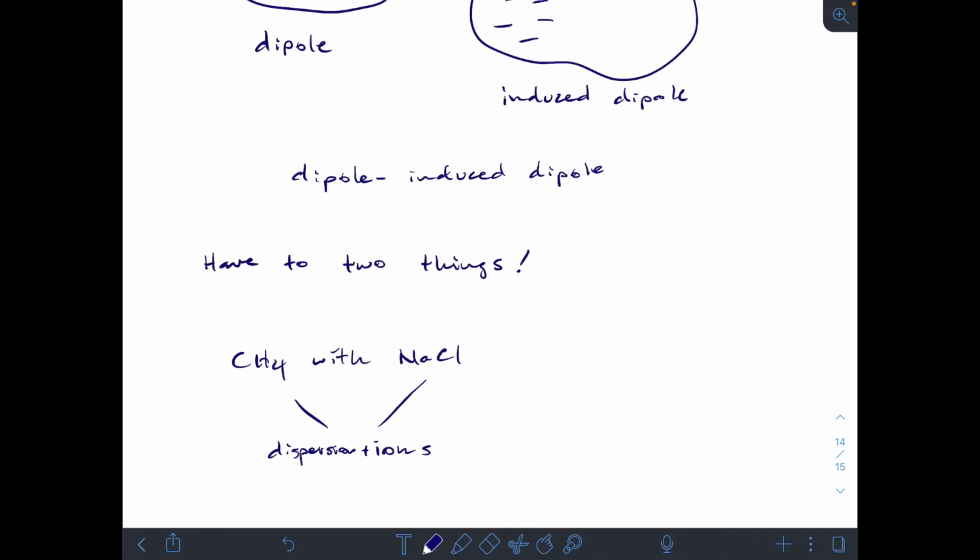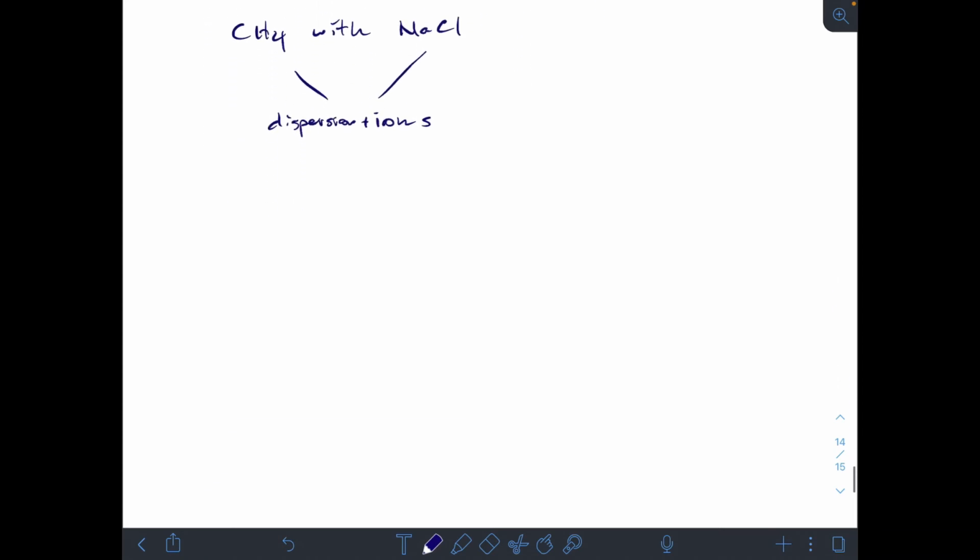So to talk about the ranking of all of this, from weakest to strongest. Our weakest is still dispersion. The next strongest is the dipole-induced dipole.